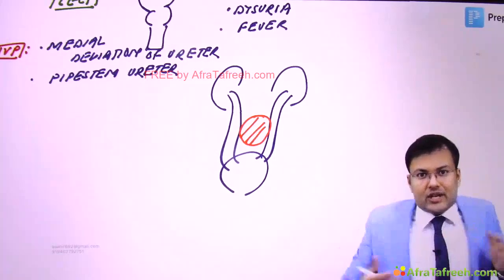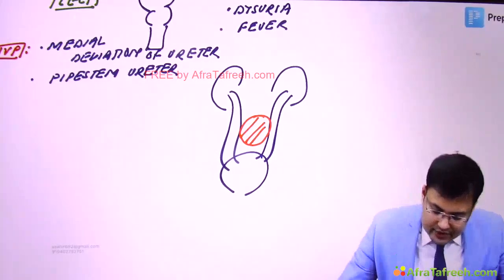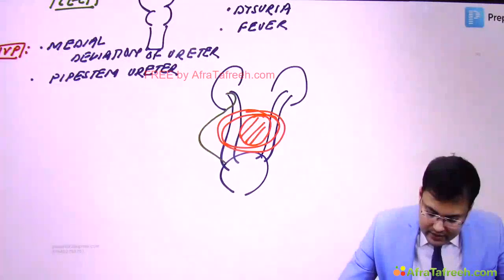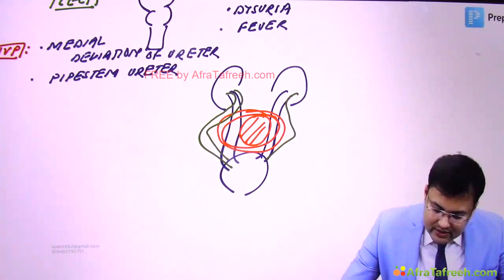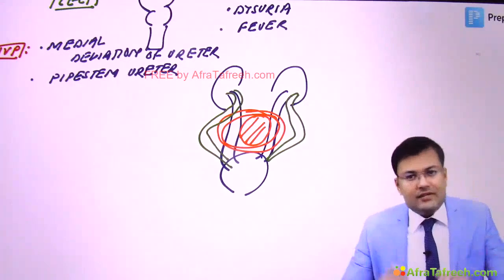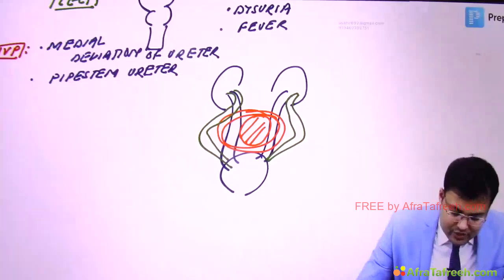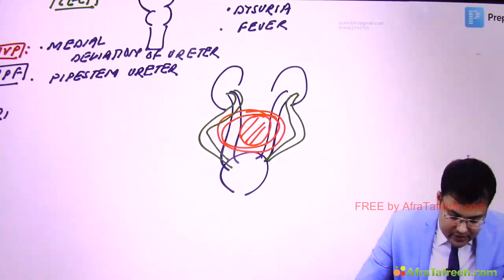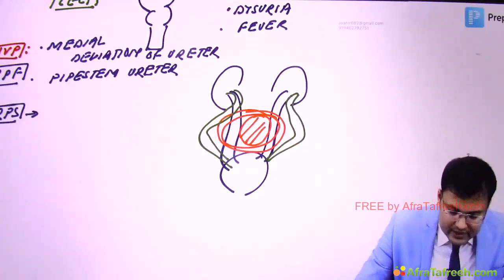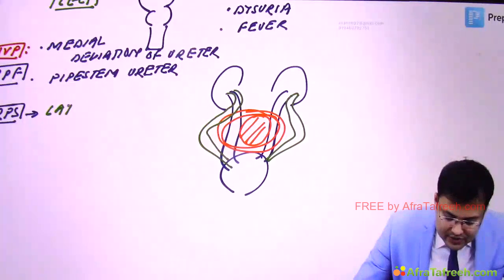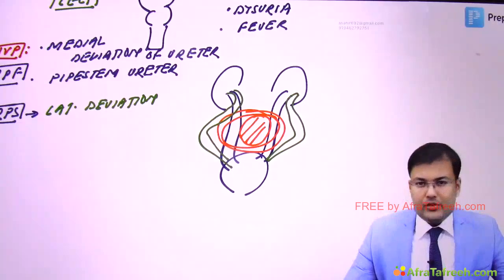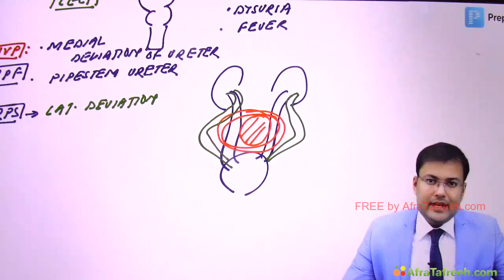The ureters are stretched, so there is lateral deviation. So in retroperitoneal fibrosis, there is medial deviation, but in retroperitoneal sarcoma, there is lateral deviation of ureter. Clear? So this is how you can differentiate retroperitoneal fibrosis from retroperitoneal sarcoma.